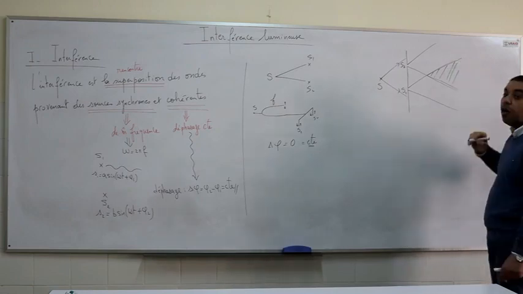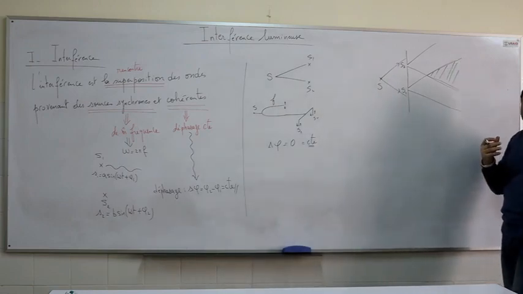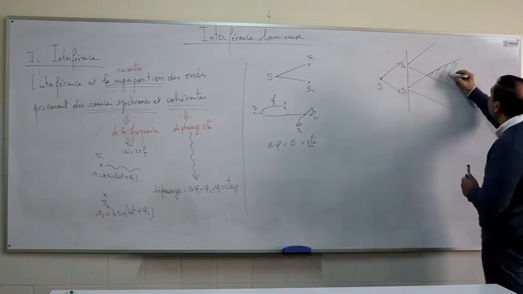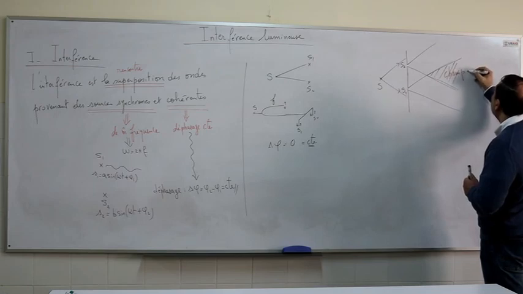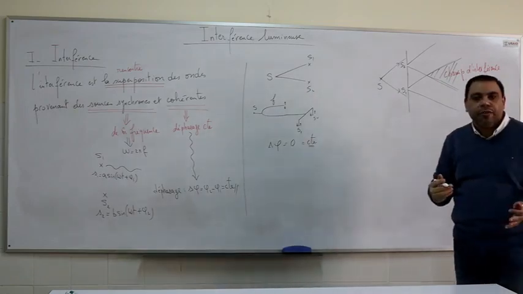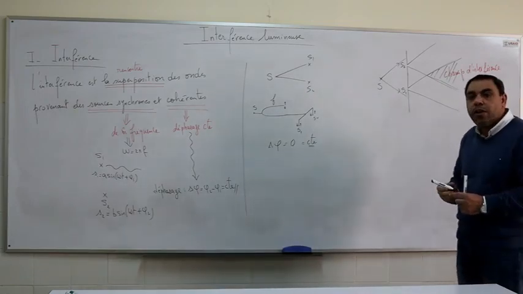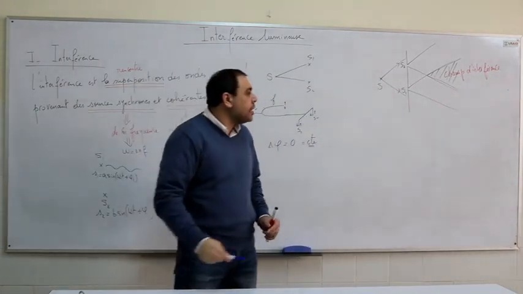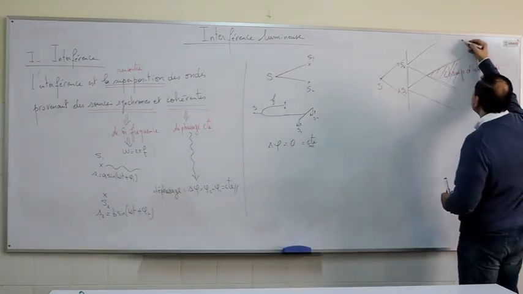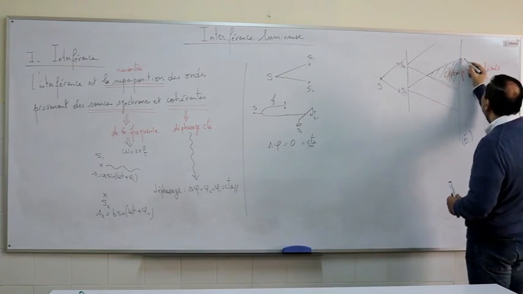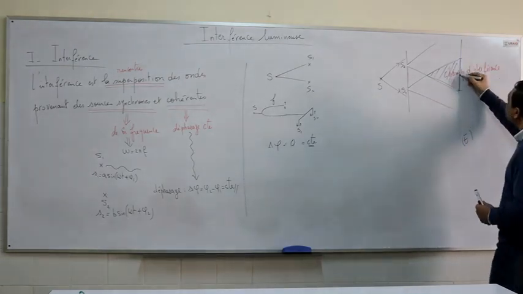In this region of interference, or the field of interference, where interference takes place, we place an opaque screen, or simply an observation screen.